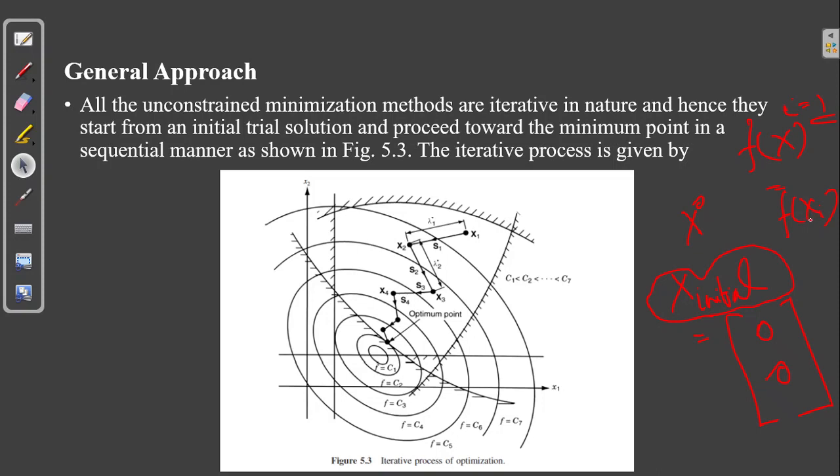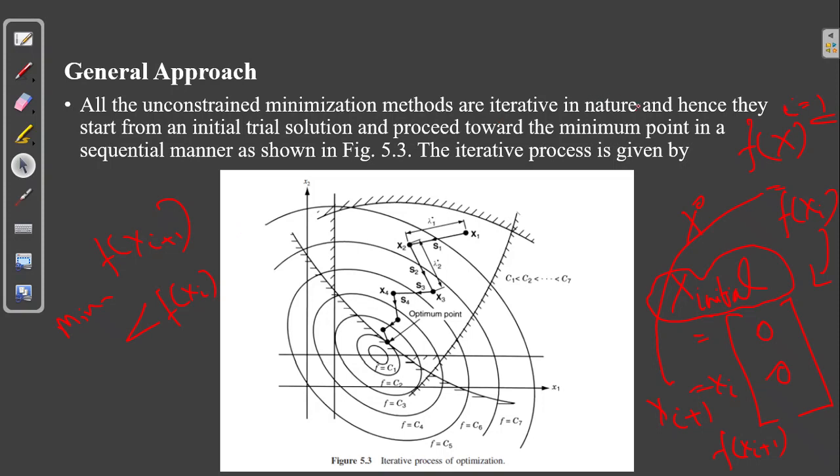Then we will find xi plus 1 from xi, and again find f of xi plus 1, so that f of xi plus 1 will be less than f of xi for a minimization problem. For maximization, exactly the opposite will hold.